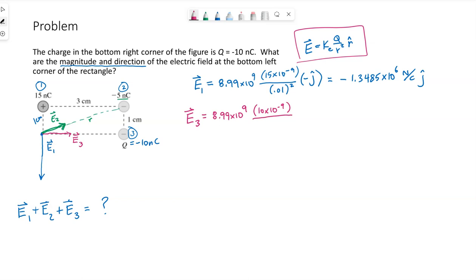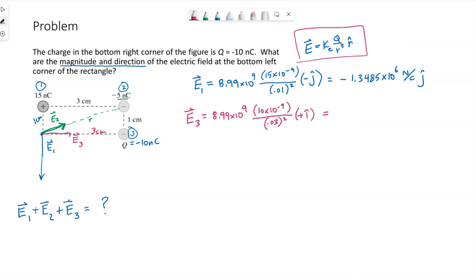And I'm just putting in the magnitude because I'm going to account for the direction separately. So this distance between Q and the point where we're trying to find the overall field is that 3 centimeters, which needs to be in meters. And I know the direction already is positive i hat.